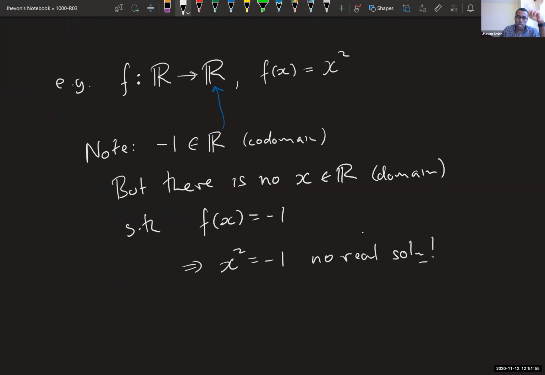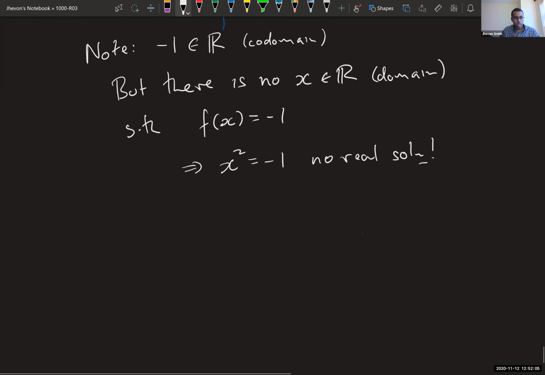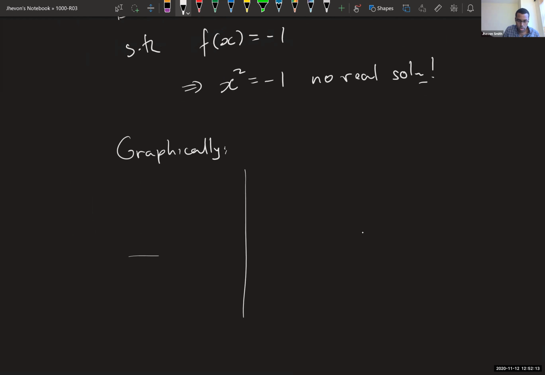And this is also true on the graphs. Like if I tell you what the codomain is, and if you notice that there's no output for that codomain, so again, graphically, in the above, you would realize that my graph looks like this, but then I realize that there's no graph down here.